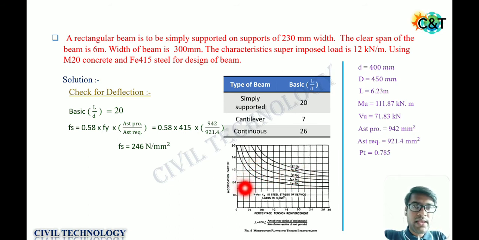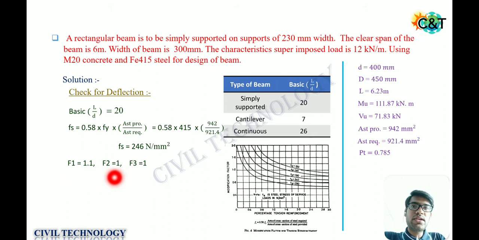We require the Fs value and the percentage of tension reinforcement. We already calculated the percentage of reinforcement as 0.785 and Fs as well. Based upon that, our modification factor comes out as 1.1. Just read this graph carefully and you easily get the value of F1.